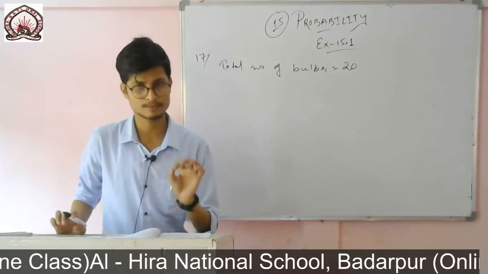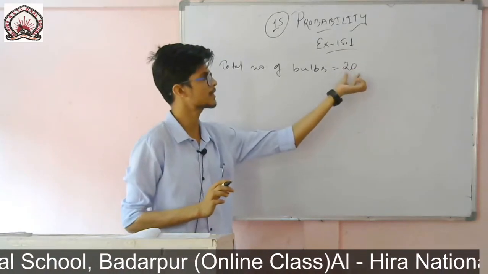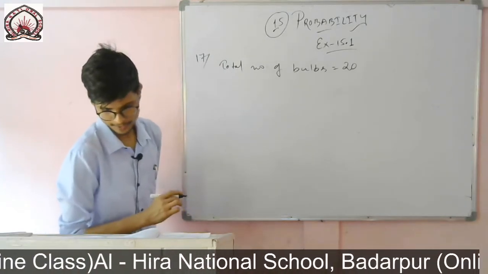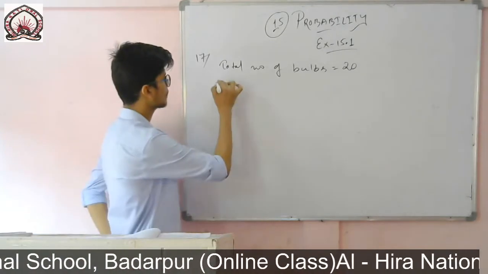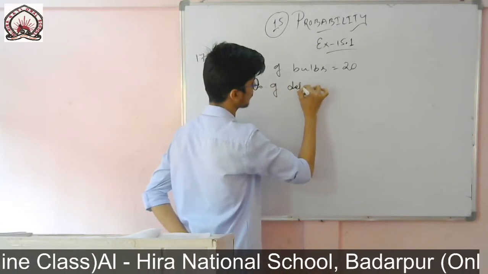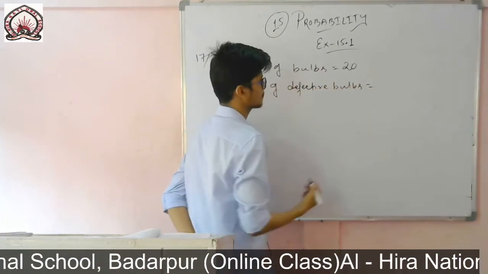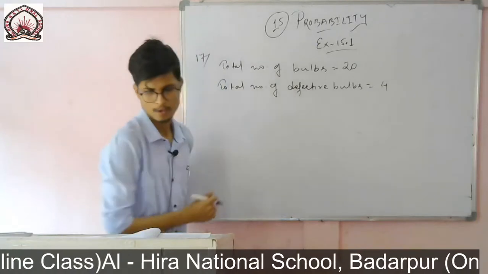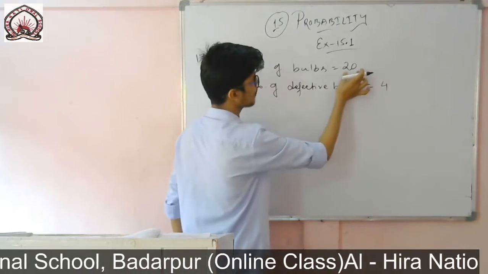A lot of 20 bulbs containing 4 defective bulbs, so no need to add 4. That means 16 are good. What is the probability that the bulb is defective? The total number of defective bulbs is equal to 4. This is our favorable outcome, and this is the total possible outcome.